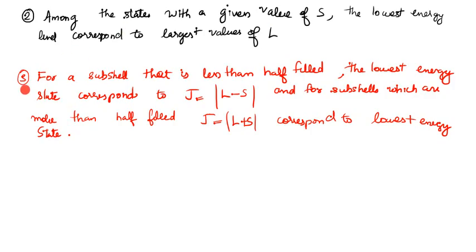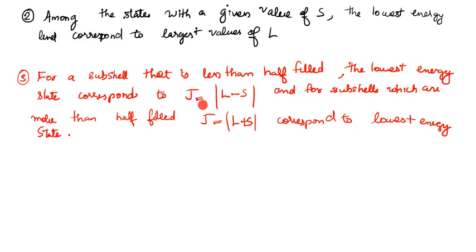Next, there are three rules in Hund's rule. For a subshell that is less than half filled, the lowest energy state corresponds to J equal to L minus S, and for a subshell that is more than half filled, J equal to L plus S corresponds to the lowest energy state.